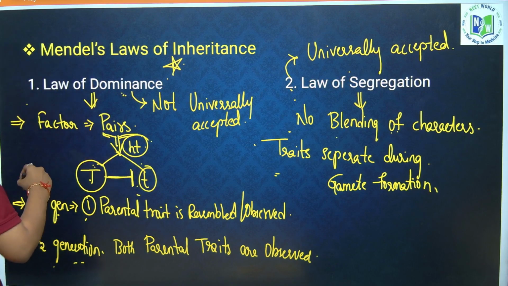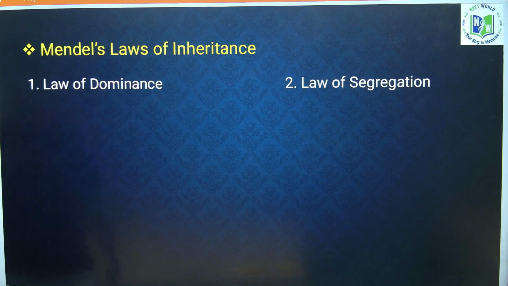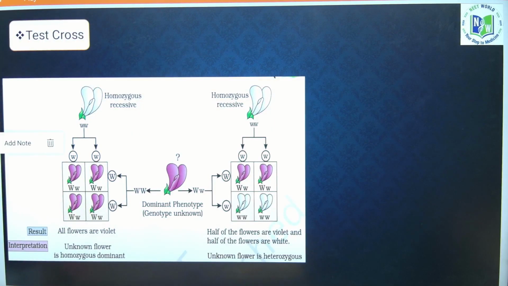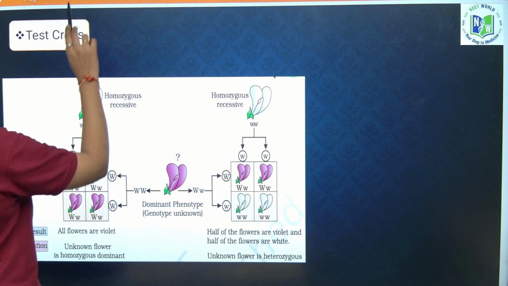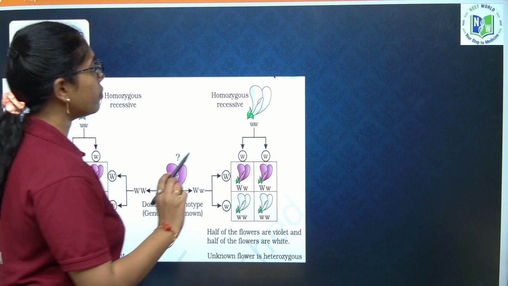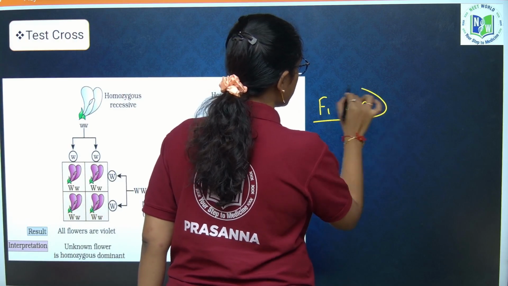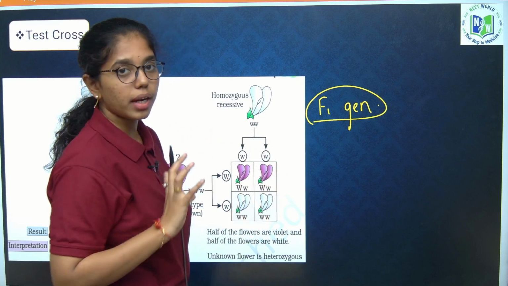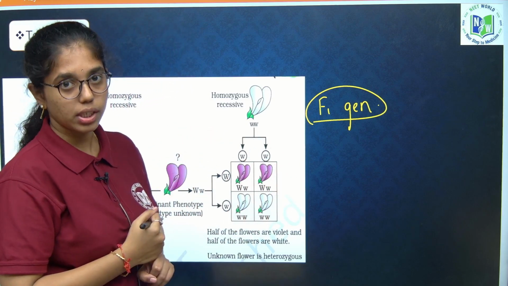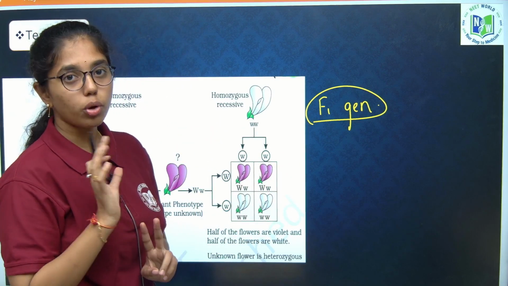Clear? Next, sometimes we want to know the genotype or phenotype of the F1 generation. In the F1 generation, let us assume all the dominant traits are seen, only one parental trait is expressed. In the F2 generation, both are expressed.